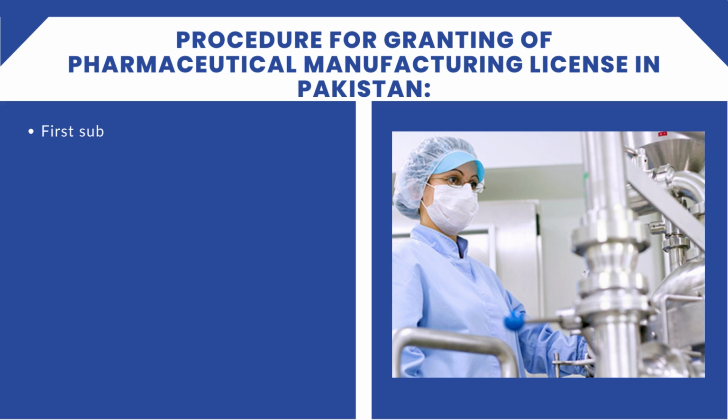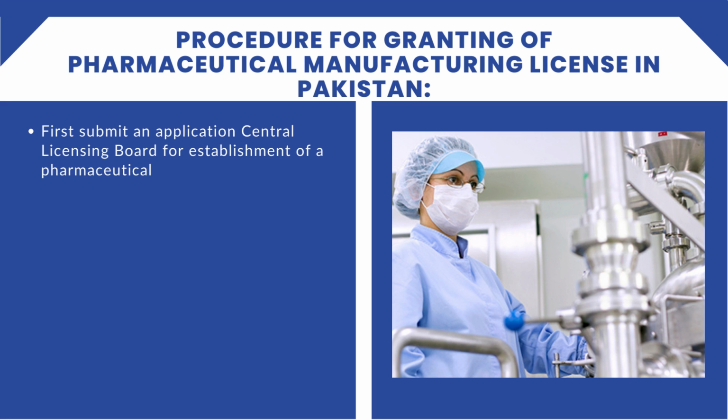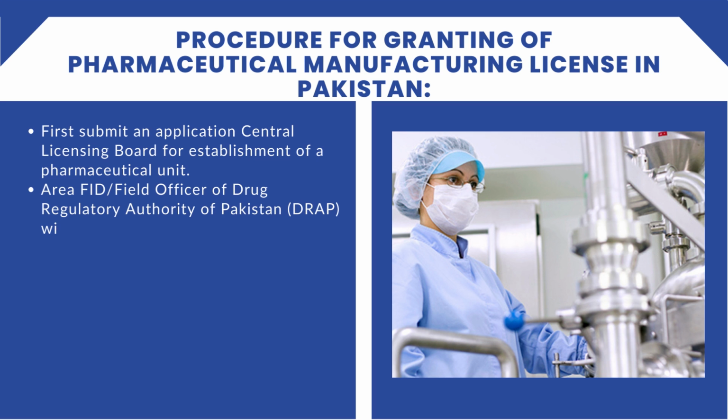First submit an application to the Central Licensing Board for establishment of a pharmaceutical unit. Area Federal Inspector of Drugs, a field officer of the Drug Regulatory Authority of Pakistan (DRAP), will inspect the proposed site if fulfillment of prerequisite documents is found in the submitted application.